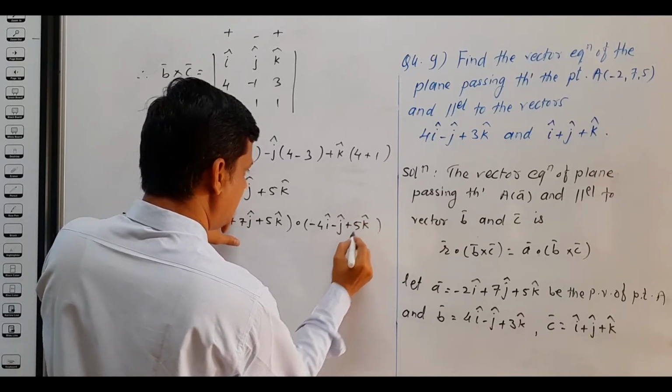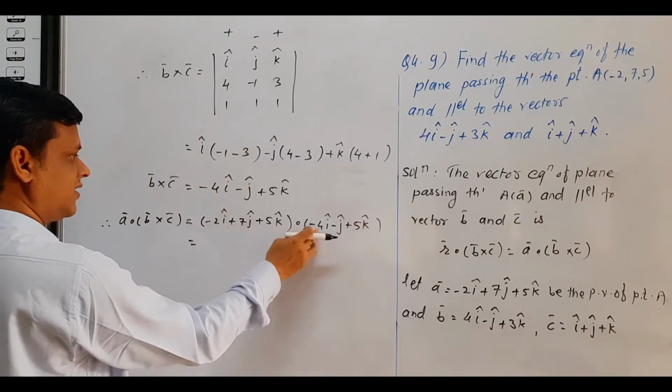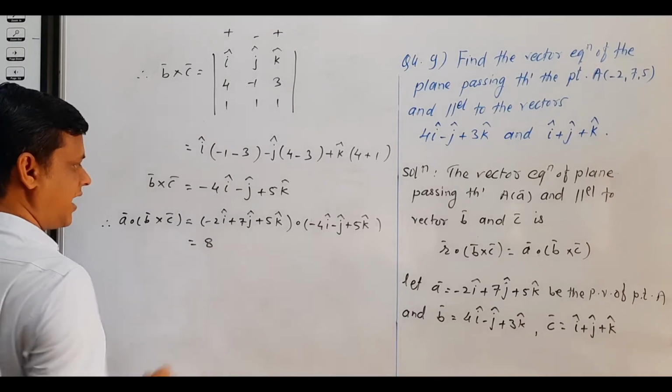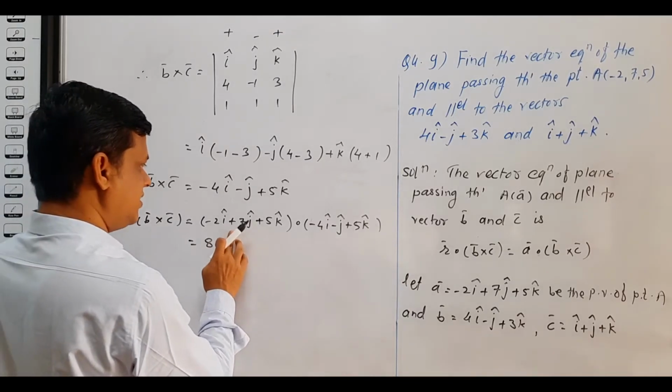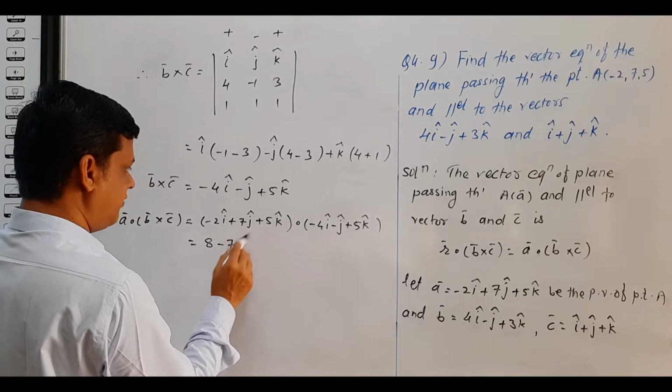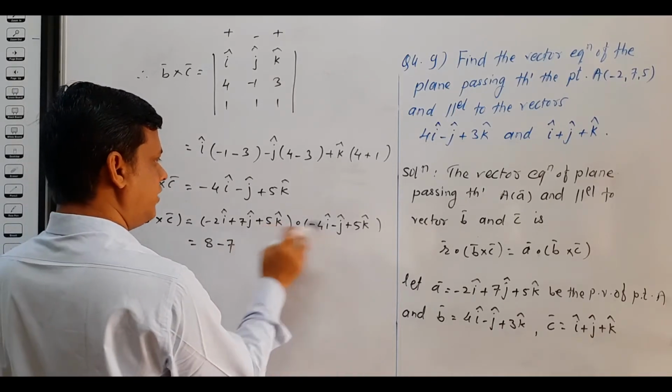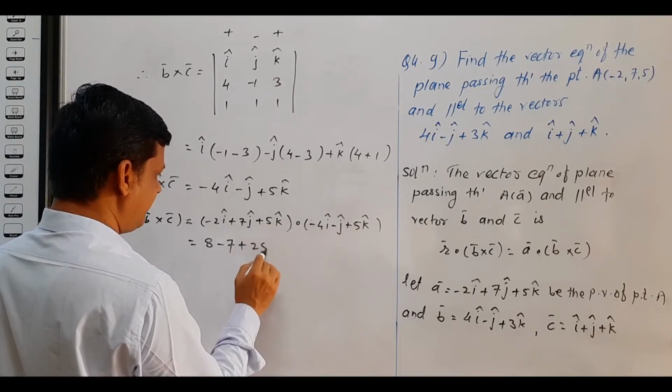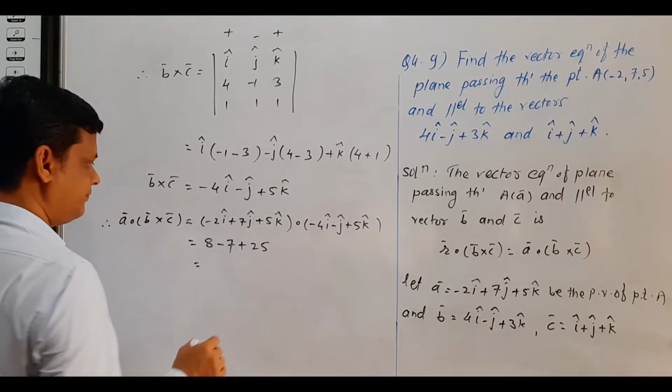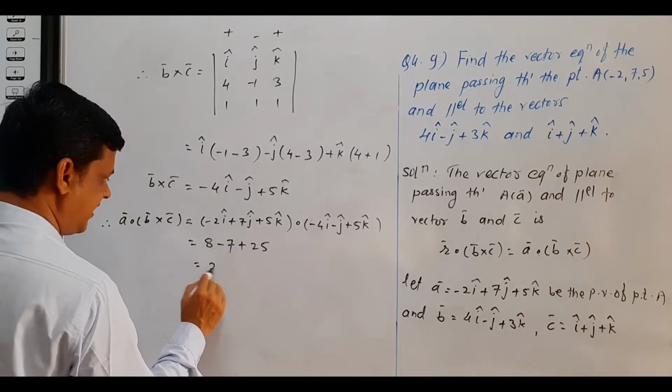So from this we get minus minus plus, 4 into 2 is 8, i dot i is 1, so we write 8, 7 into minus 1 we get minus 7, i dot i is 1, 5 into 5 that is 25. So we get here 26.